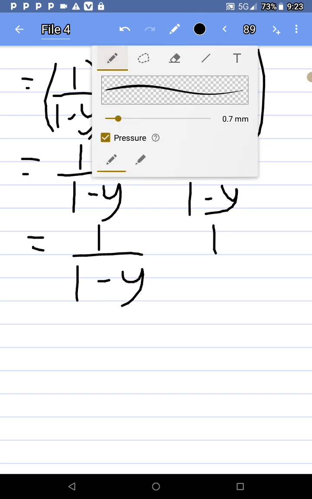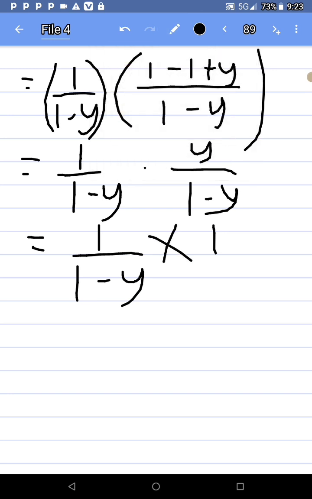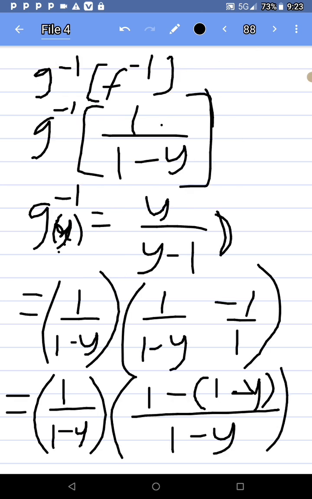Oh, I'm sorry, where do I even get the multiplication from? There's a division in between them. This is divided by, so it will still maintain its definition. You know what I'm saying?